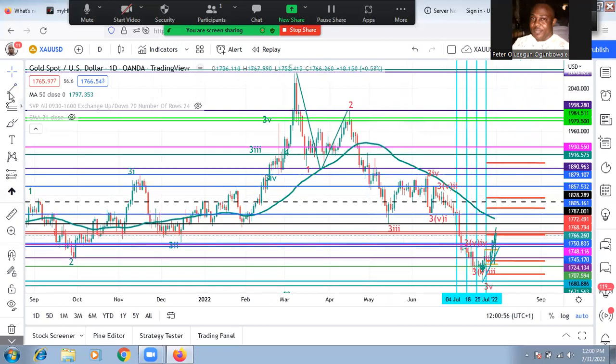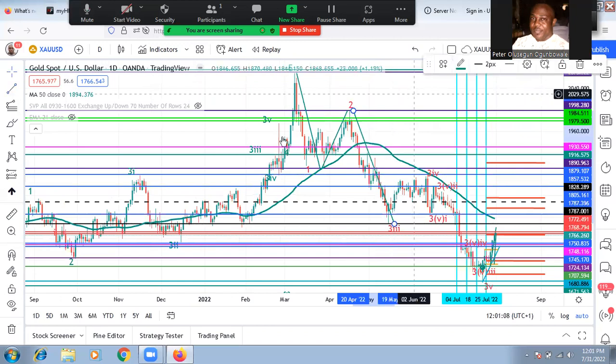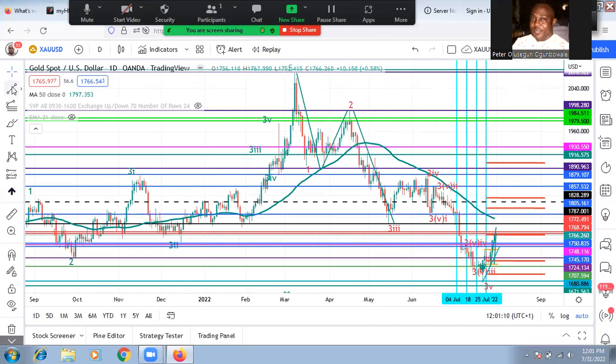Then we have the third one, the third wave. Look at the third wave. Then we look at the fourth one. This is the fourth one.